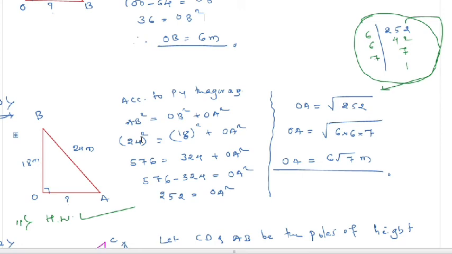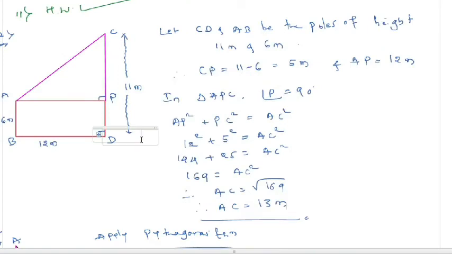Now, the 11th problem is do it yourself. Now, problem number 12. Two poles of heights 6 meter and 11 meter stand on a plain ground.